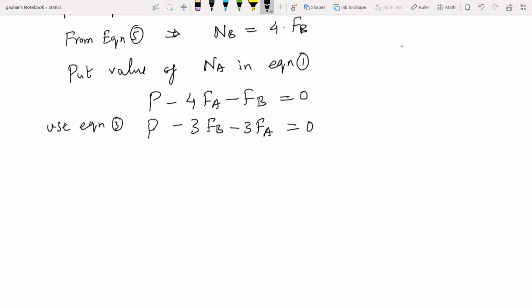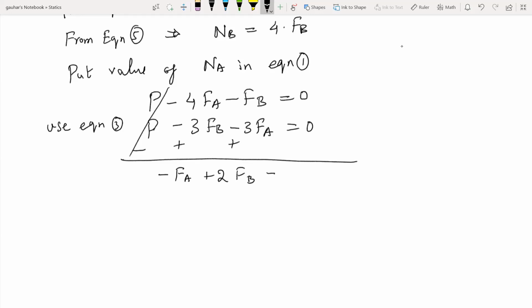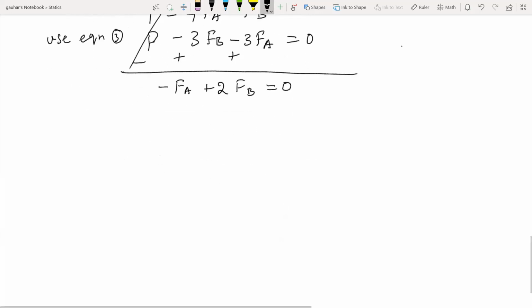Now you have these two equations, and if you subtract them, P is gone, and you get minus F sub A plus 2F sub B equals 0, right? Let's call it equation 6.